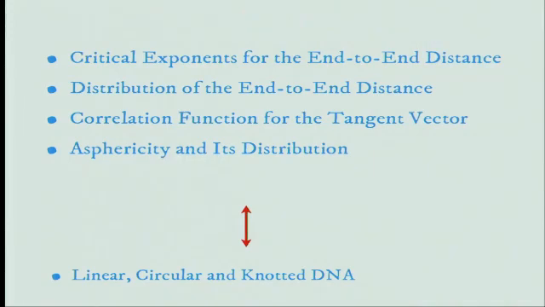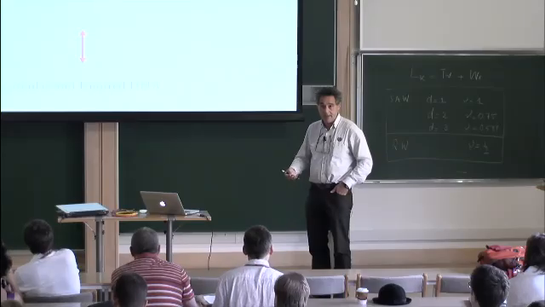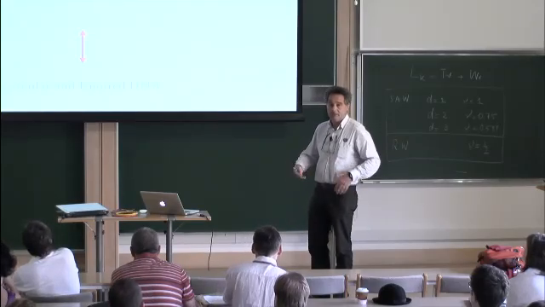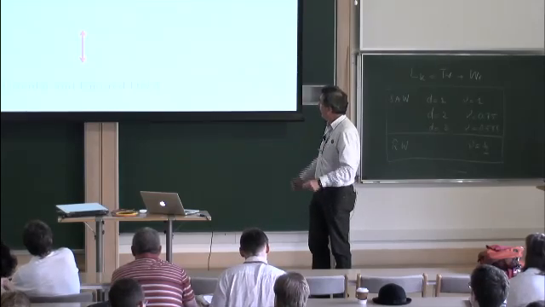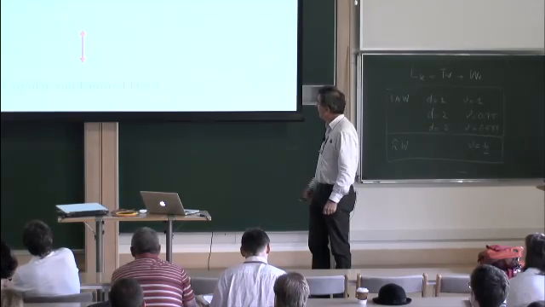What we are interested in is the study, in practice, of the polymer physics of DNA. When you do polymer physics, you are especially interested in the critical exponents that explain how the size of the polymer grows as the length of the DNA increases.